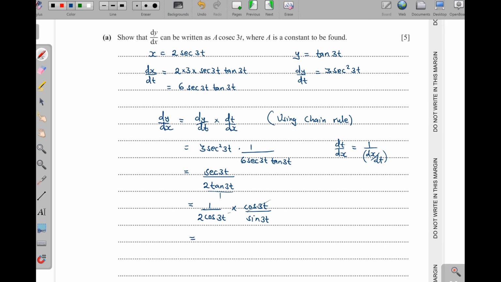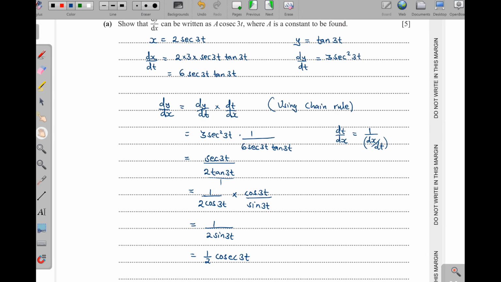Then this one will go, and then we shall have 1 over 2, then sine 3t. 1 over sine is cosec. So cosec 3t. Now that is our answer here. So the answer is a half, and then a cosec.